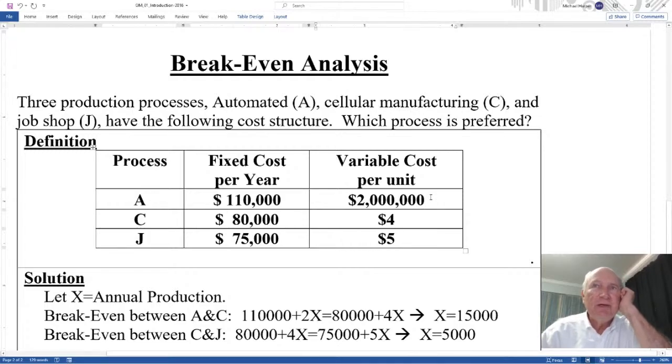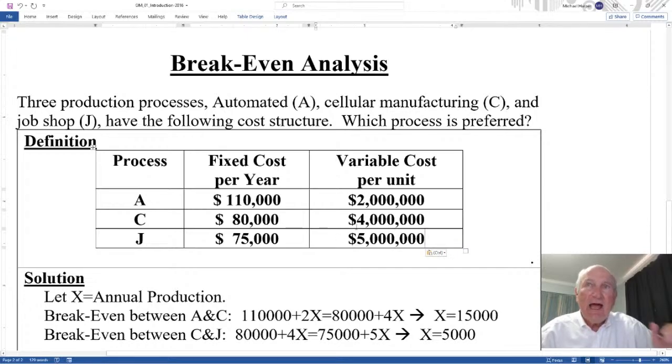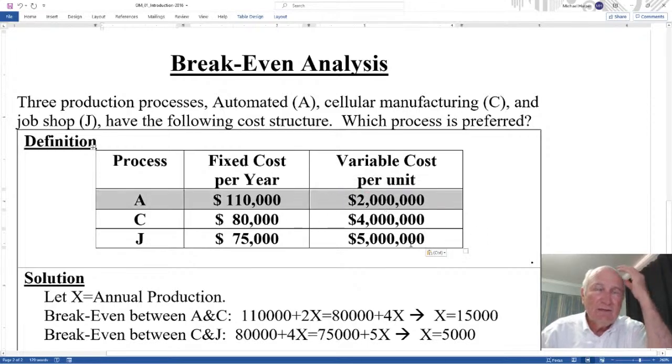If I produce 1 million, then this is going to be $2 million variable cost, right? 2 million plus 110, that's going to be the cost. This is going to be 4 million 80. This is going to be 5 million. Now which one is the cheapest? Oh, A is the cheapest. 2 million is less than 4 or 5 million. That's right.